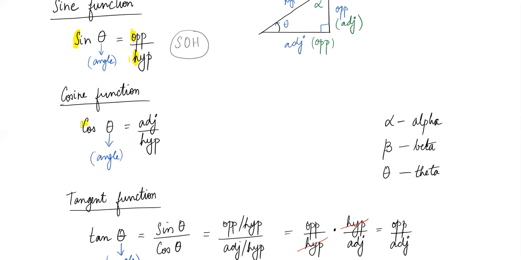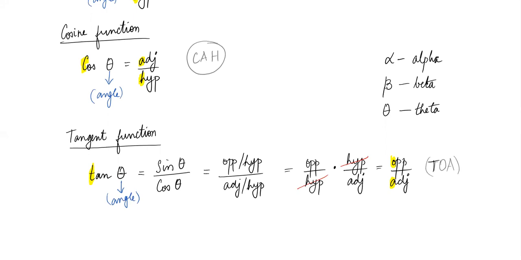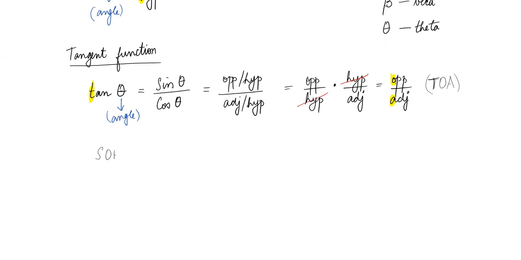And then you have C-A-H, cah. And this one is T-O-A, toa. So together, it's SOHCAHTOA. That's your way to remember this.